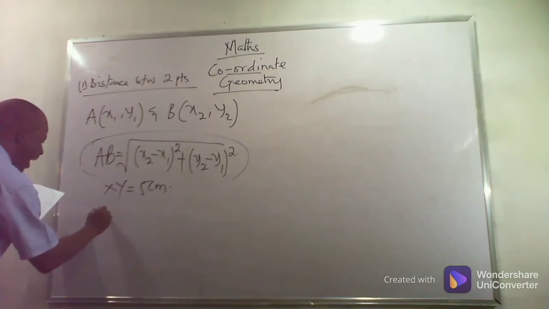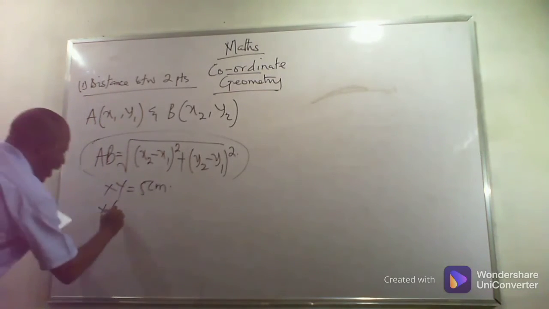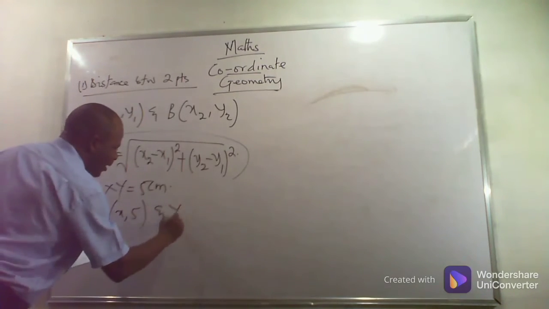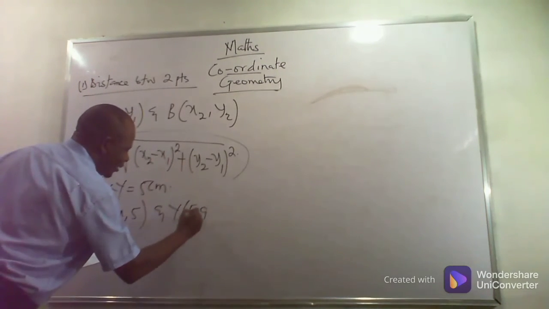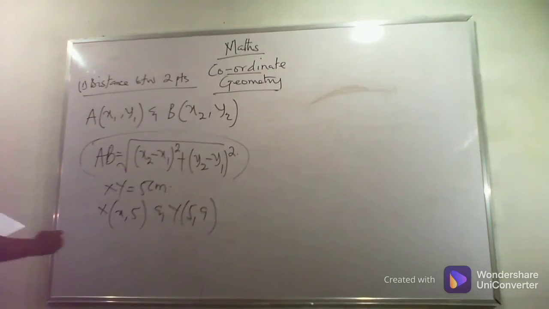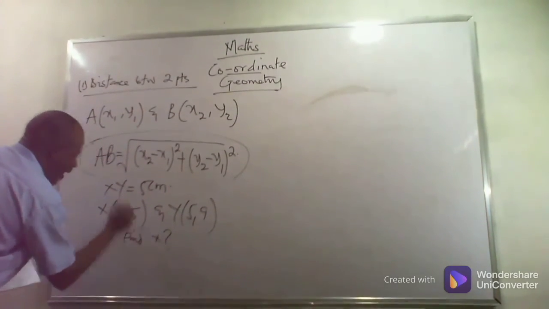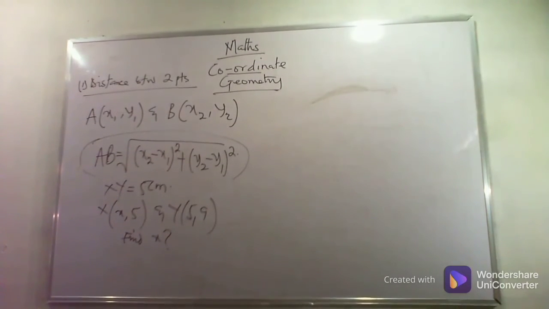We are now given that X is (x, 5) and Y is (5, 9). They now say we should find the value of x. X is unknown, so we want to look for the value of x.